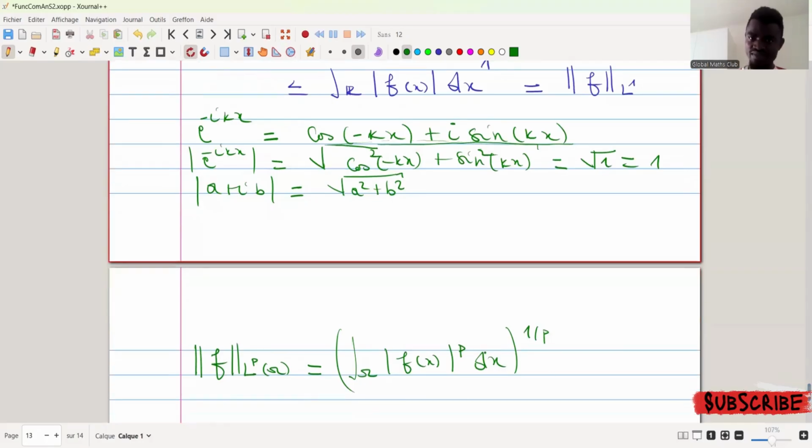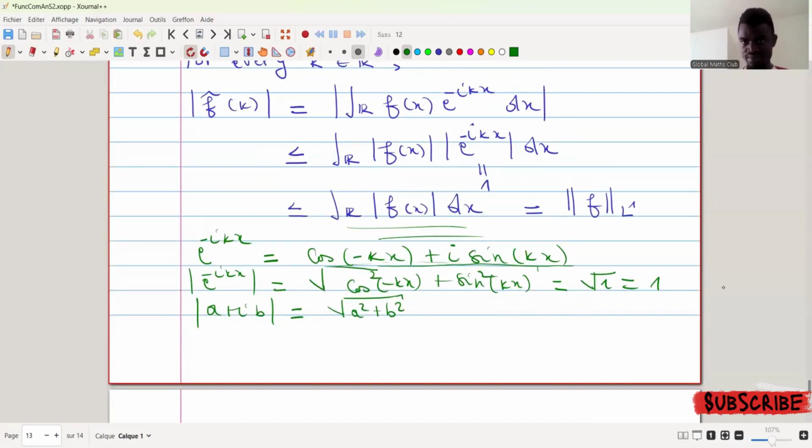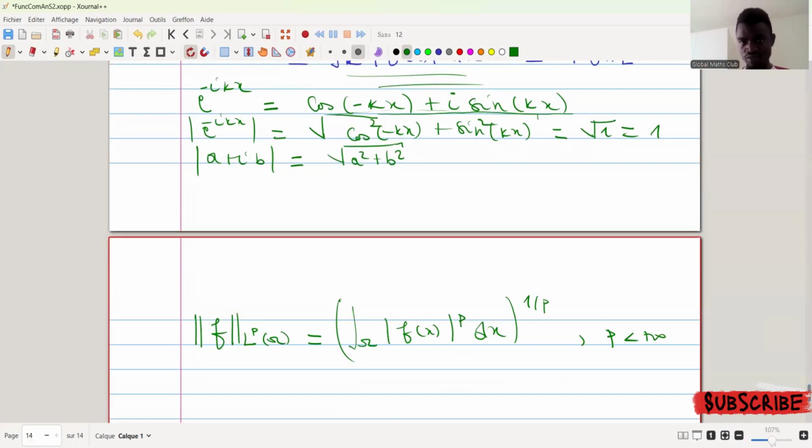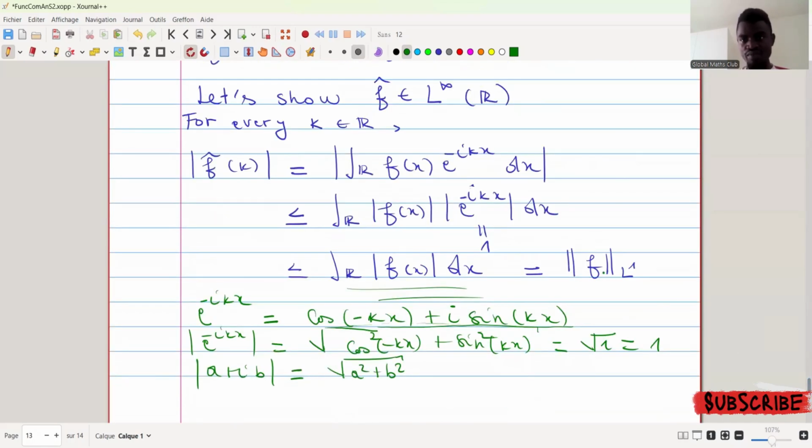So if p equals 1, you are going to have what is written here. So p equals 1 will be the L1 norm, and we mentioned that f is L1, so everything is good.